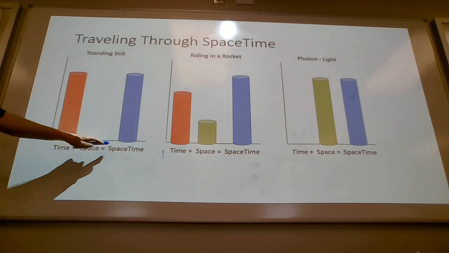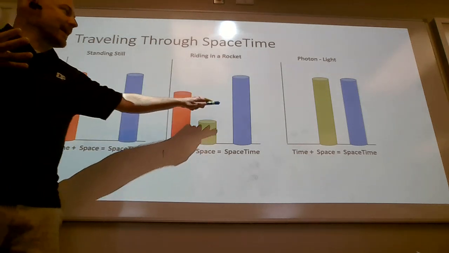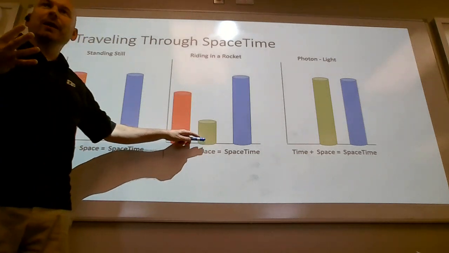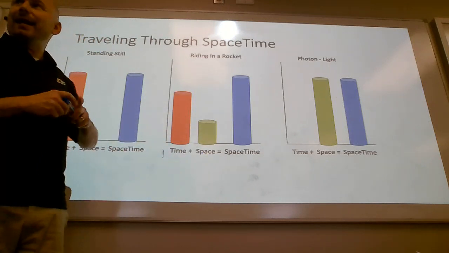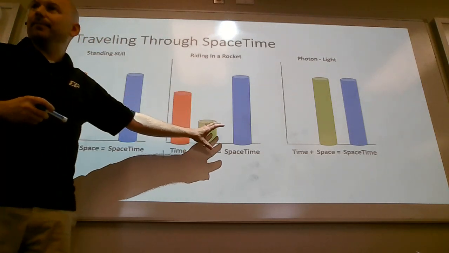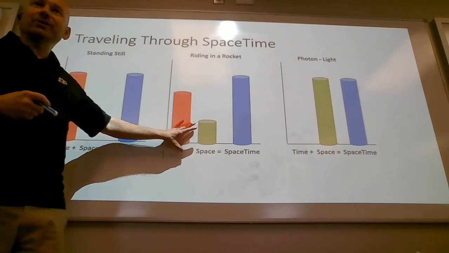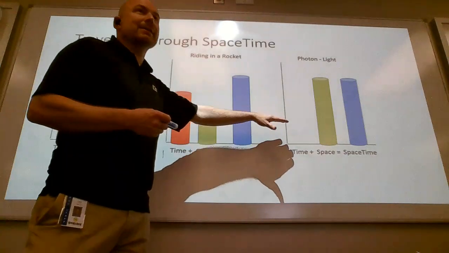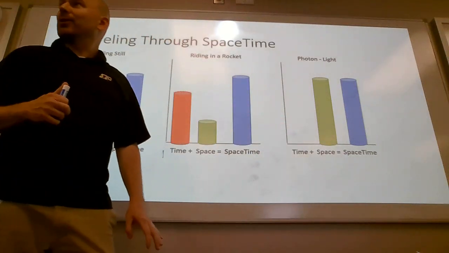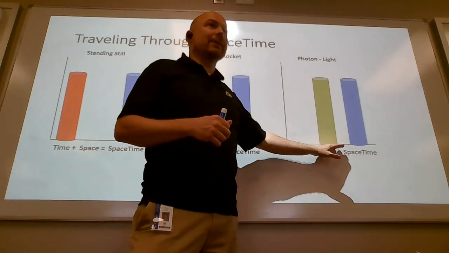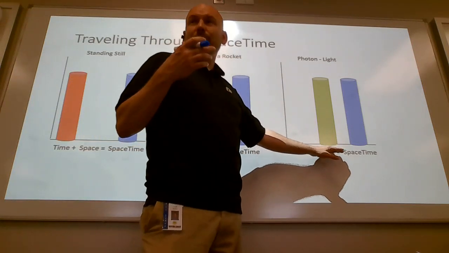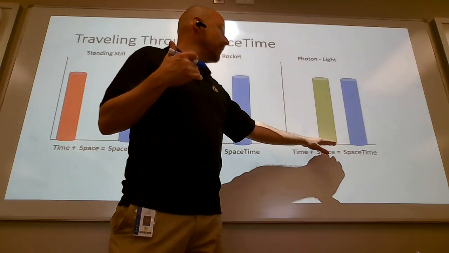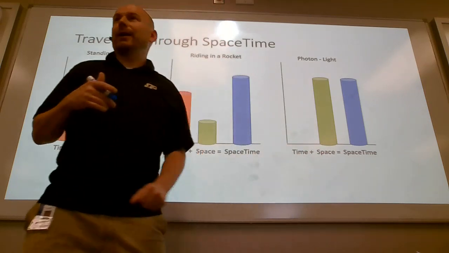But as you get moving through space, that's taking some of your space-time motion and going through space and taking away some of that from time. So the faster you travel through space, the less you're traveling through time. So the point at which you're traveling at the speed of light, which is as fast as we can travel, you're not traveling through time.